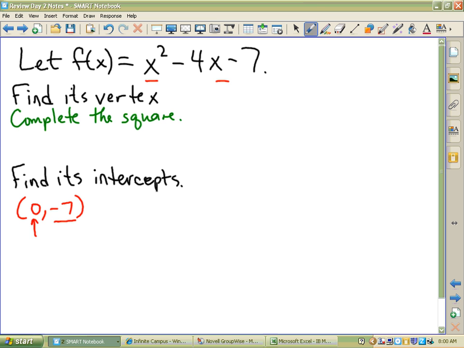I want to complete the square, so I got to remind myself what I meant by completing the square. I think in the whole completing the square process, we left a gap after the linear term and before the constant term, and we did that so that we could add and subtract the same number.